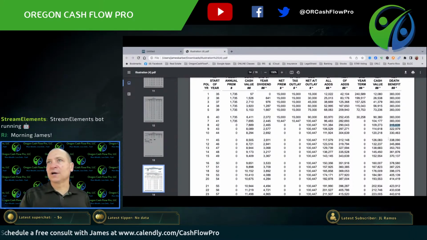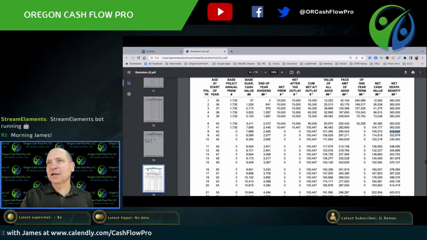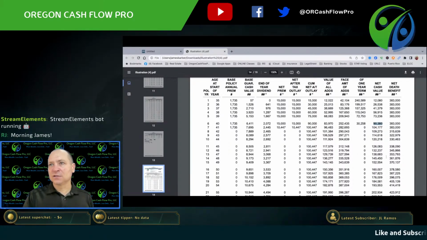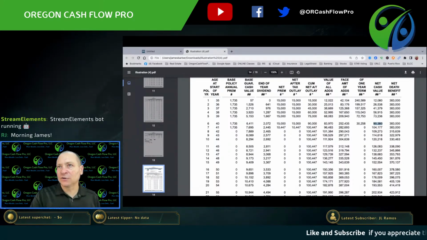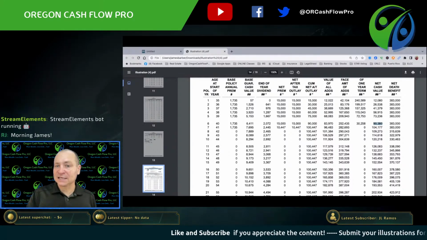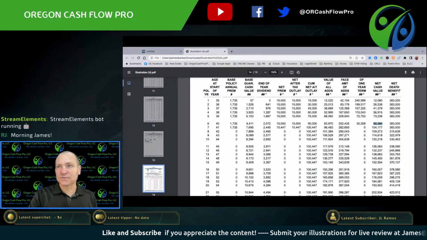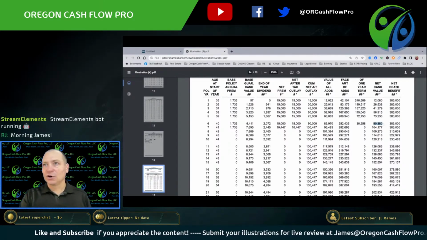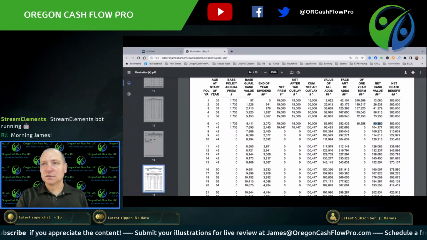So our death benefit goes up. This next column right next to it is our cash value. So we pass the break even, and from there we always have more cash value than we've paid into it. Now this cash value works just like a line of credit. When you need to access it in an emergency, or for your capital expense account, you're going to borrow against these dollars.